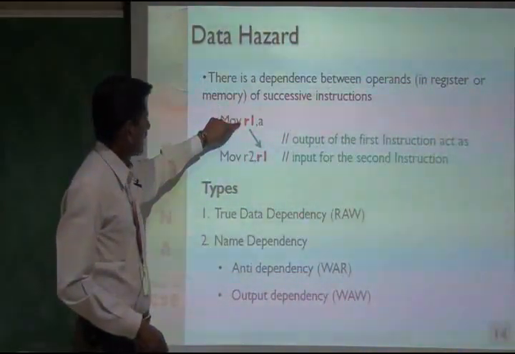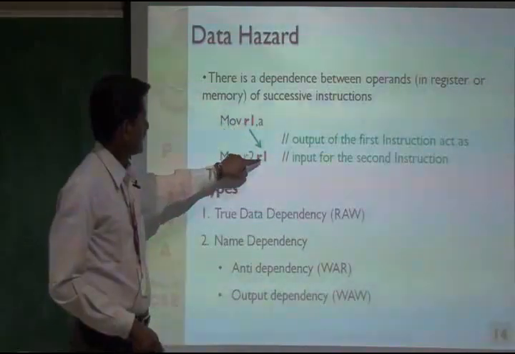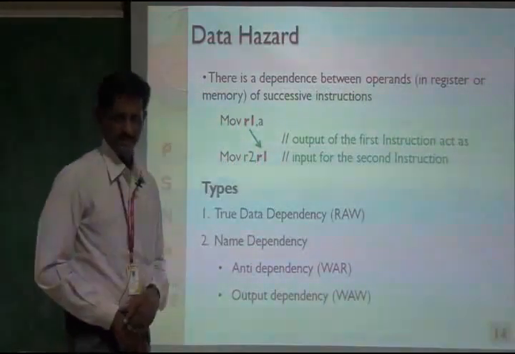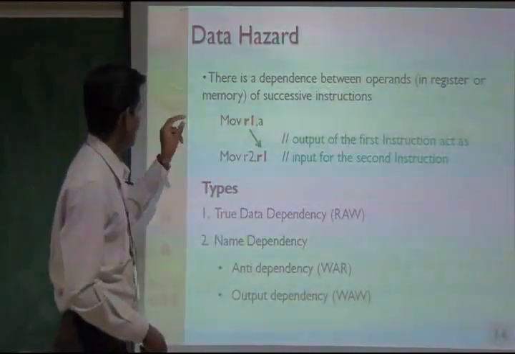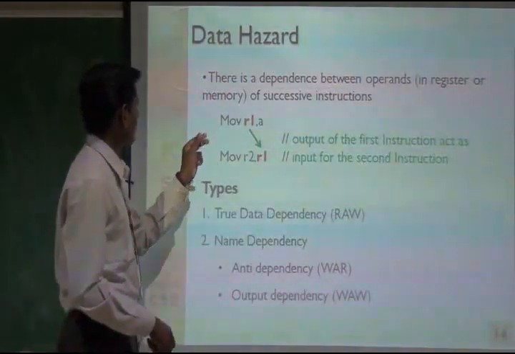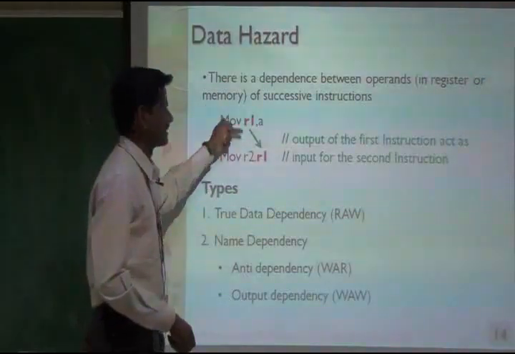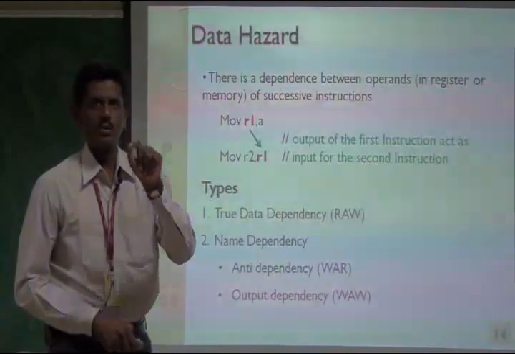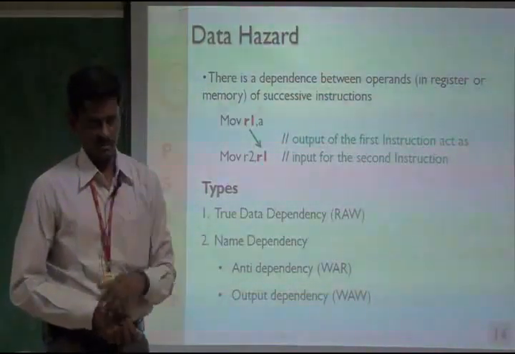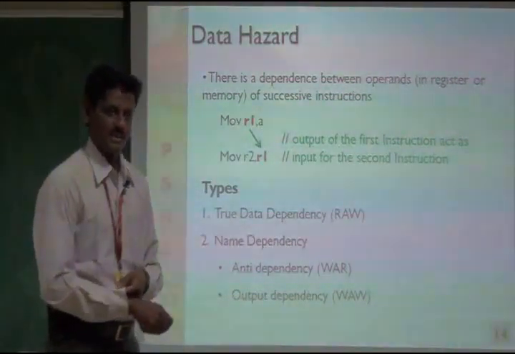The output of instruction 1 acts as input for the second instruction. So this is called data dependency. Look at the definition: there is a dependence between the operands of successive instructions. Instruction 2 depends on the output of instruction 1. So that is data dependency.